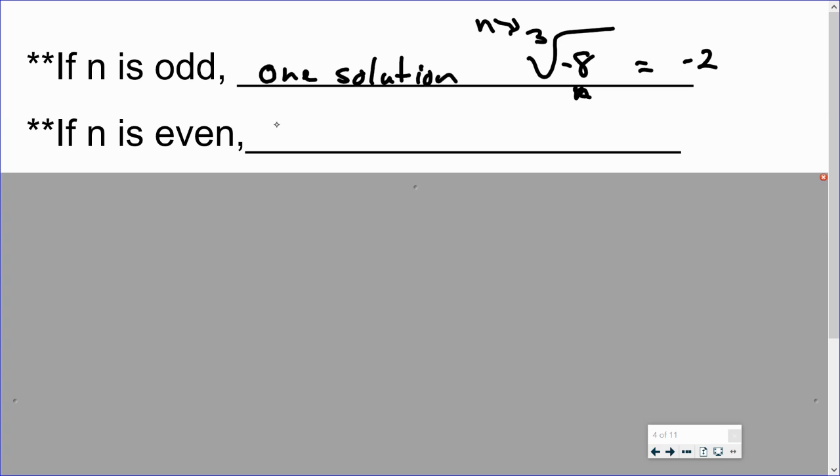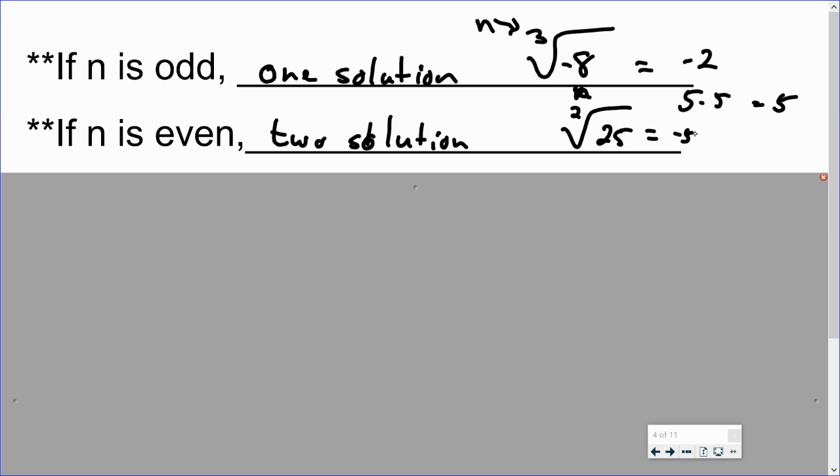If it's even, though, you'll get two solutions. We've already played around with this a little bit. If I take the square root of 25, don't forget, 5 times 5 works, so that's 5. But also, negative 5 times negative 5 is 25.